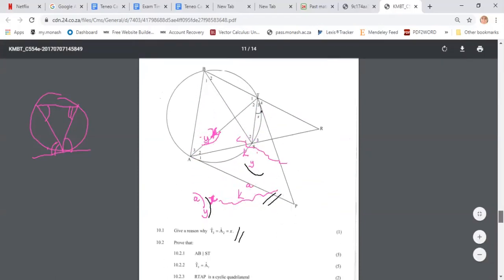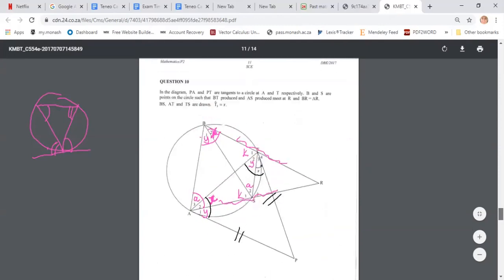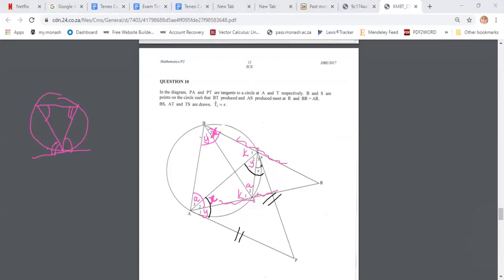Then they said prove that AB is parallel to ST. Do you see that triangle again with the parallel through it? Because if they're asking me to prove that parallel, then I'm probably going to use some kind of a proportion, maybe.